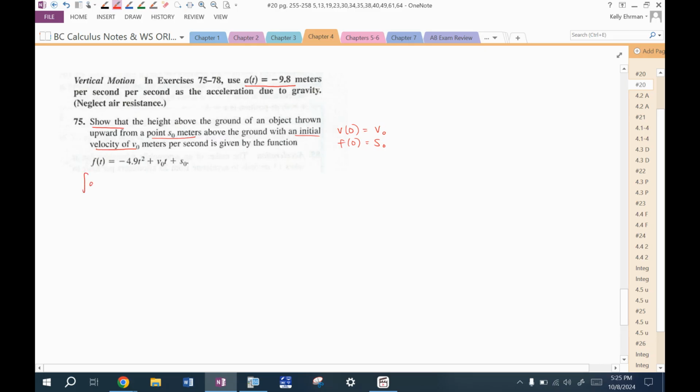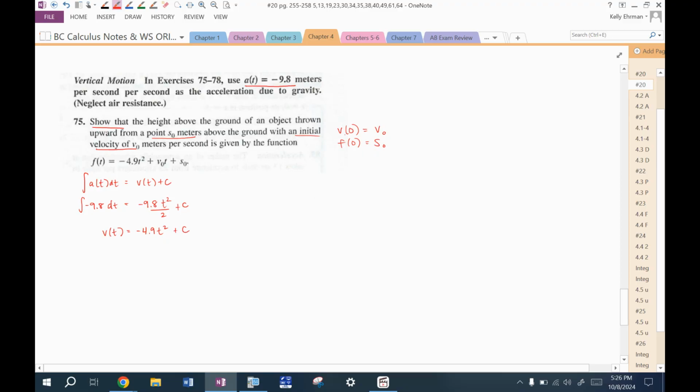Okay, so those are 2 points that I'm going to be using at some point. But for now, I want to integrate a of t dt, and that's going to give me v of t plus some constant. So I want to integrate negative 9.8 dt. That's equal to negative 9.8 t over 2 plus c. So that tells me that v of t is equal to negative 4.9 t plus c.